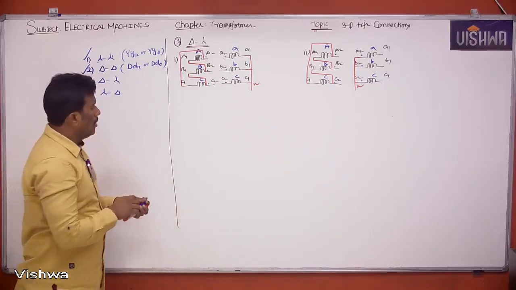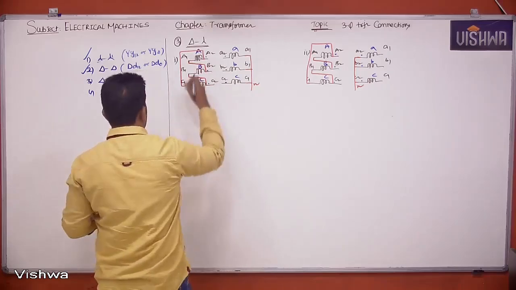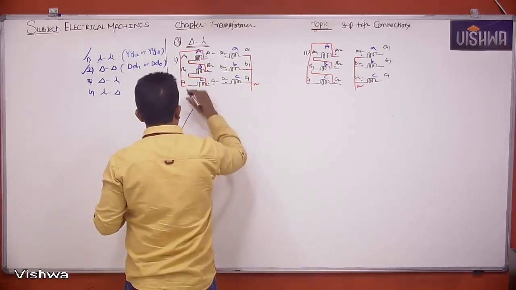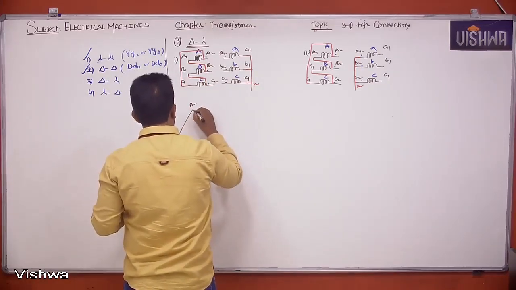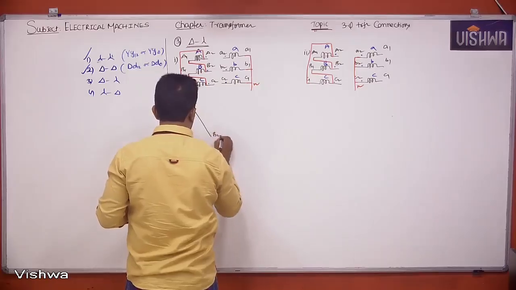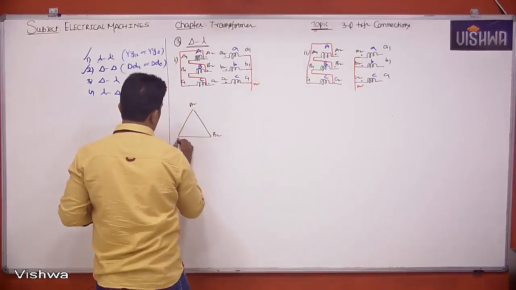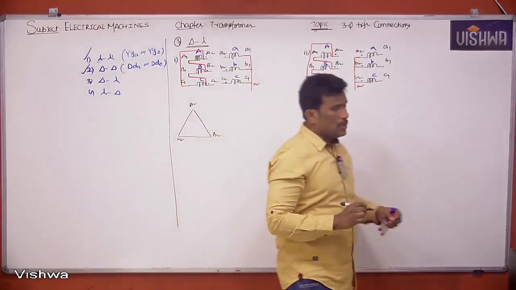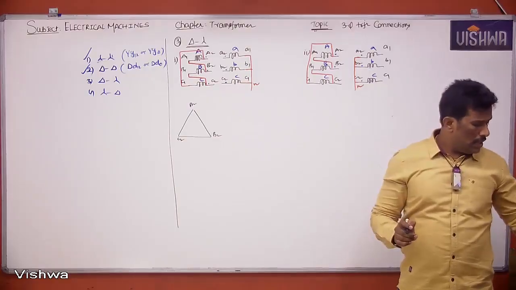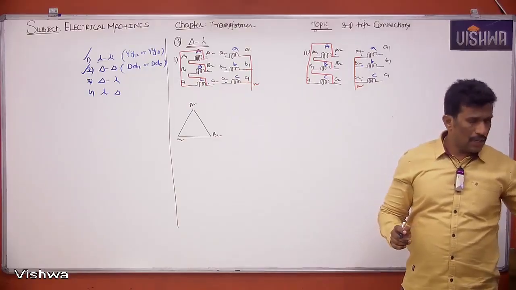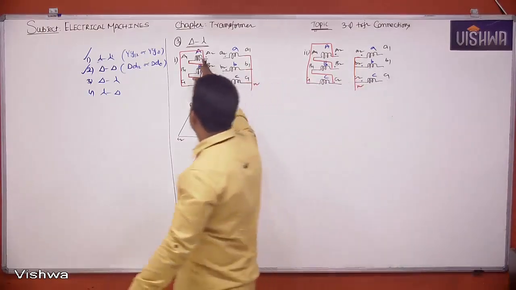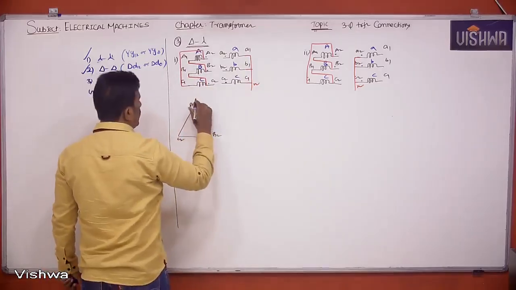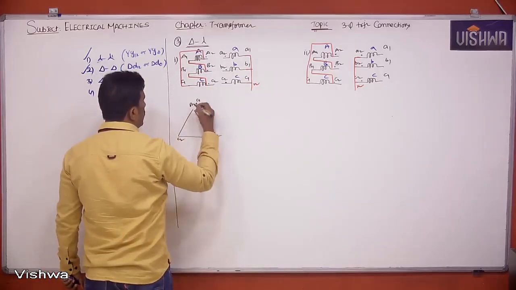So first, the delta connection. By default, try to draw A2, and this is B2 vector, and this is C2 vector. You observe clearly in that diagram, A2 means indirectly which vector? C1.